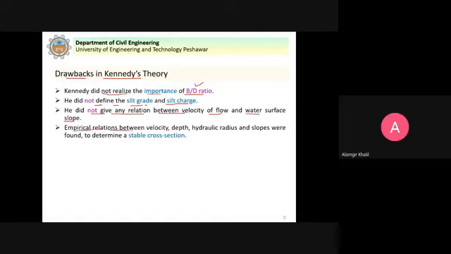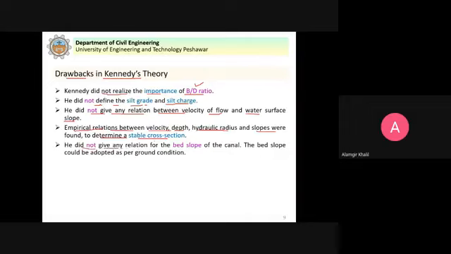Empirical relations between velocity, depth, hydraulic radius, and the slopes were found to determine a stable cross section. Empirical relations are applicable only to similar conditions. If conditions are other than those for which these equations were developed, it will not be appropriate to use those relationships.